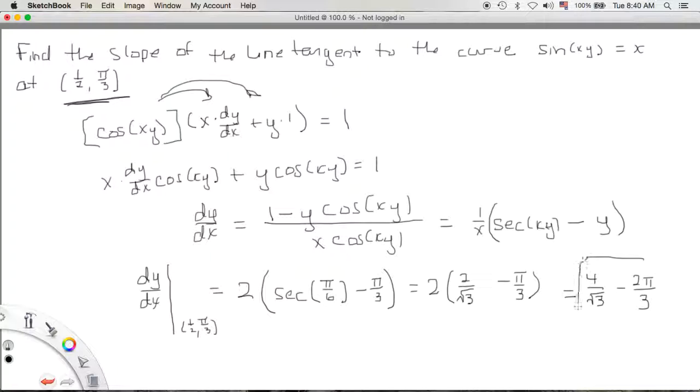So this is the slope of the line tangent to the curve sine of xy equals x at 1/2 comma pi over 3. Now, getting these into your calculator to look at the graphs is going to be very difficult, sometimes impossible. So you need to make sure you understand how to do this algebraically.